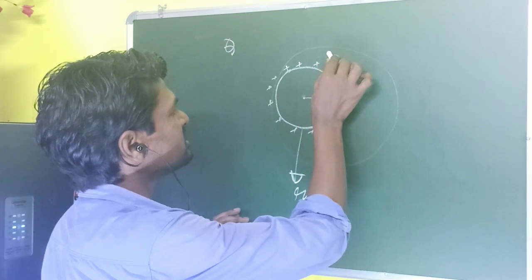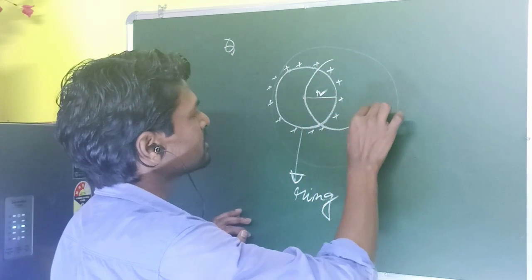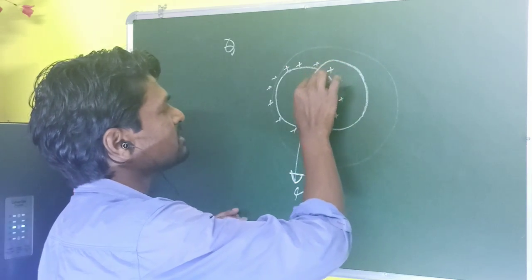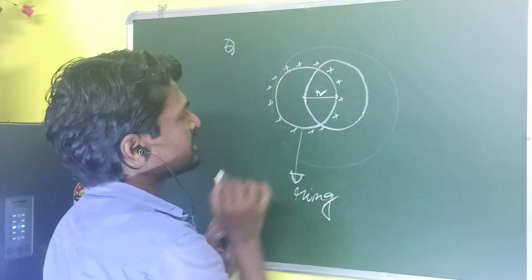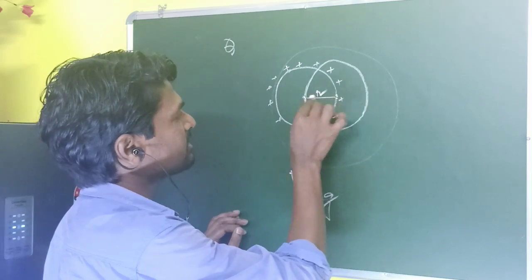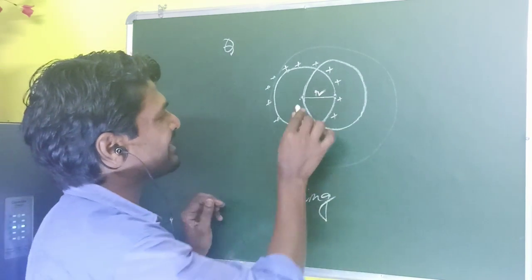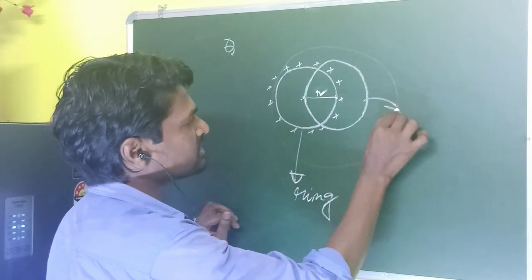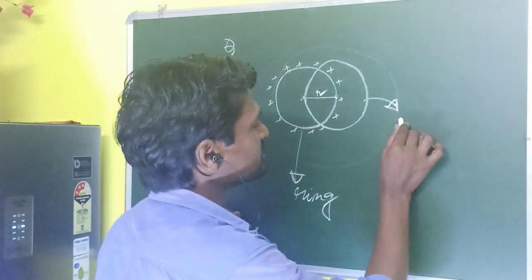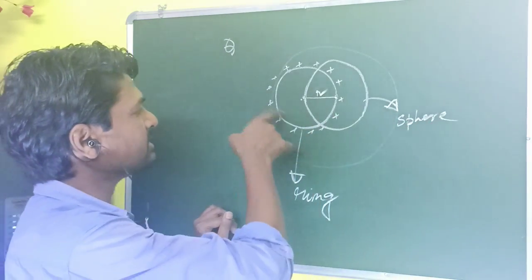You have to consider a sphere of equal radius, such that its center lies on the ring. This is the center of that sphere. This is not the ring, it is a sphere, and that is the ring.